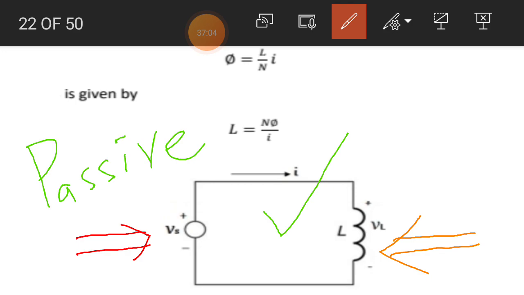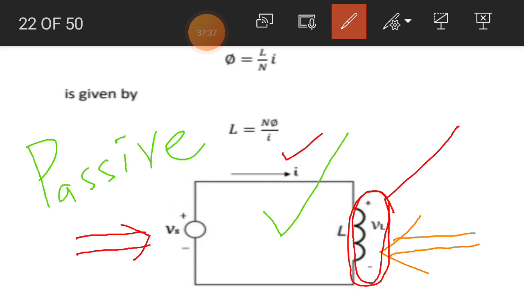So definitely there will be a current in this passive circuit element, which is represented by I. And the current in a passive circuit element results in a voltage drop.